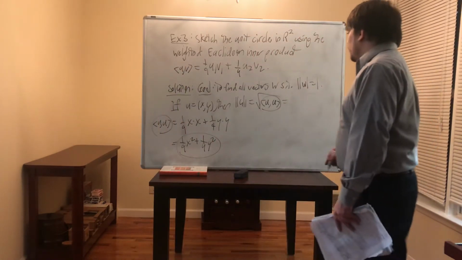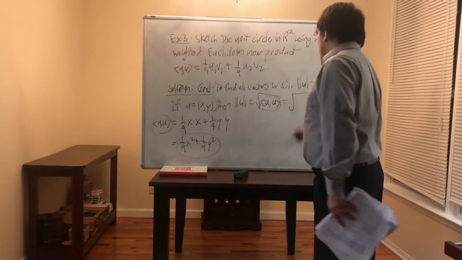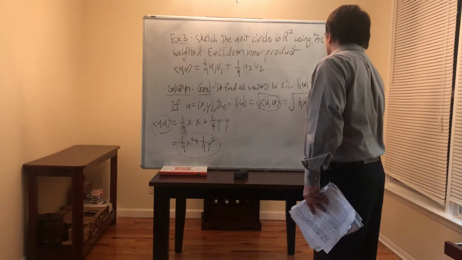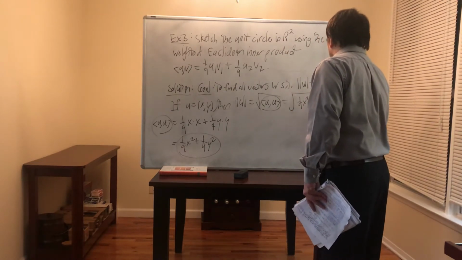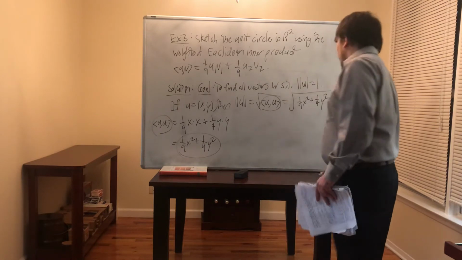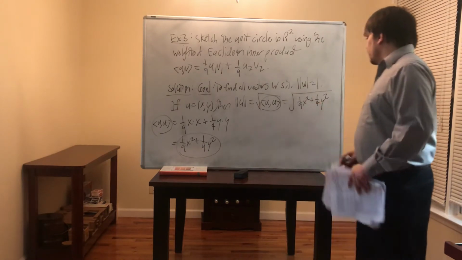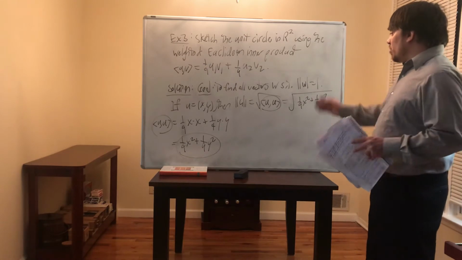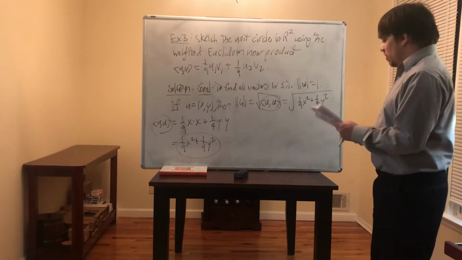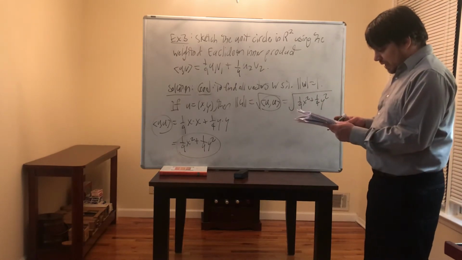That's the inner product of U with itself. So the norm of U is the square root of 1/9 X squared plus 1/4 Y squared.